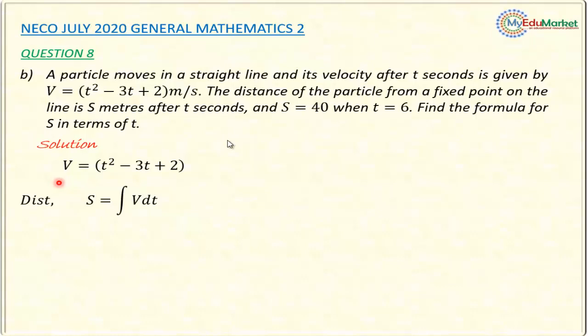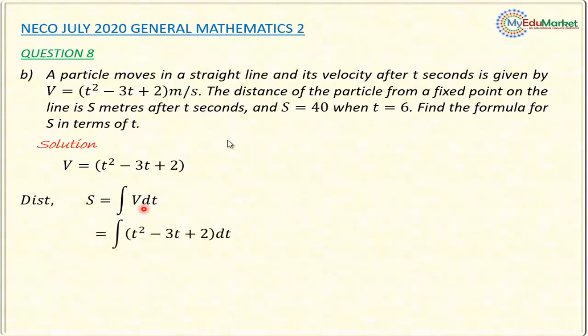So s equals the integral of v dt. Integrating the velocity function with respect to t, that integral is a function that represents the distance traveled after t seconds. So let me find the integral of v.